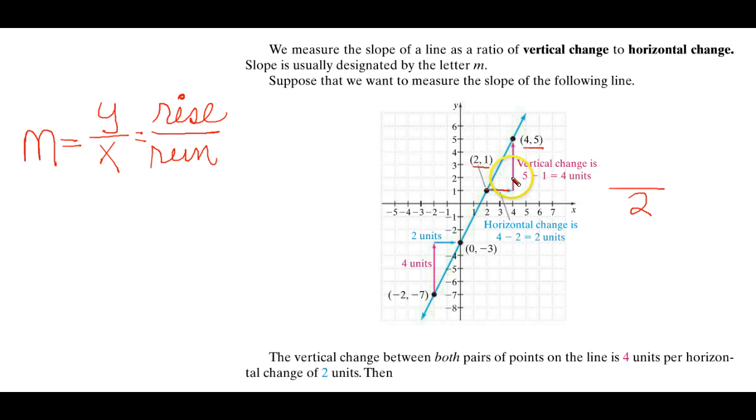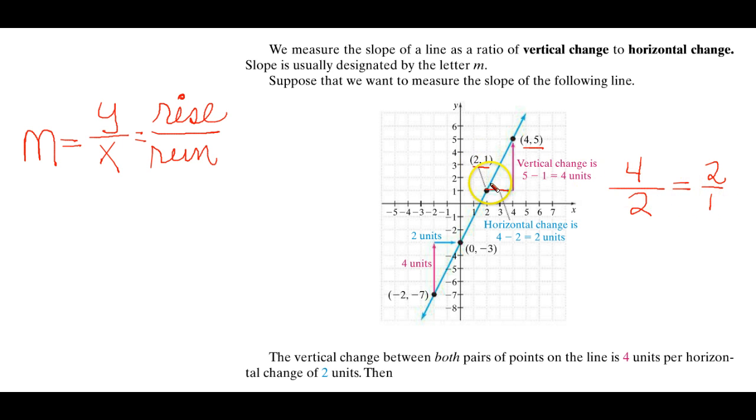And how many units are here? 1, 2, 3, 4. It rises 4. So our ratio of y units over x units, rise over run, is 4 over 2. That simplifies to 2, in a sense, over 1. Now we don't usually write the 1, but when we're thinking of slope, it may be a good idea to put the 1 there.